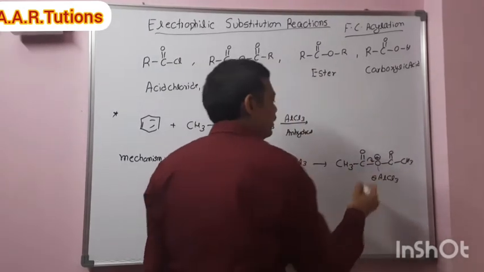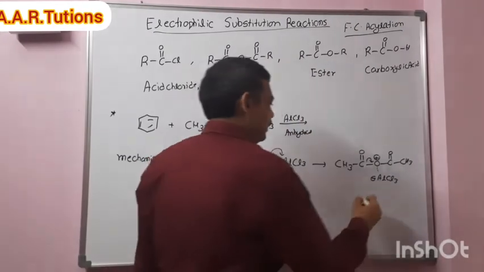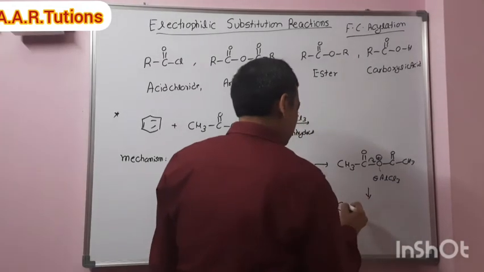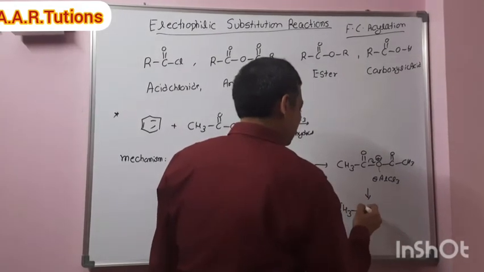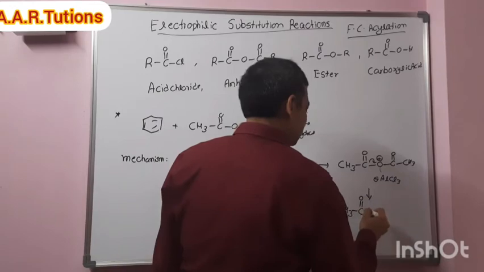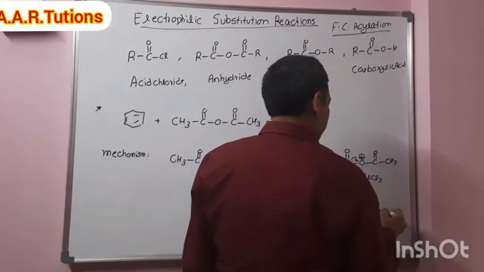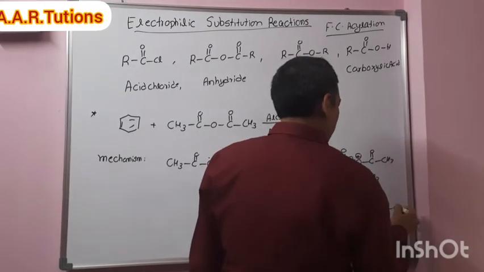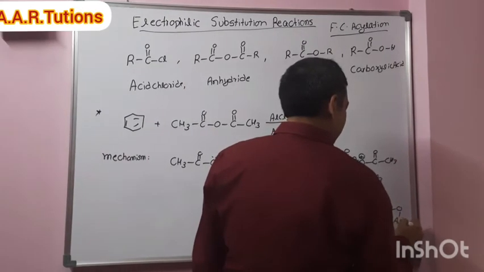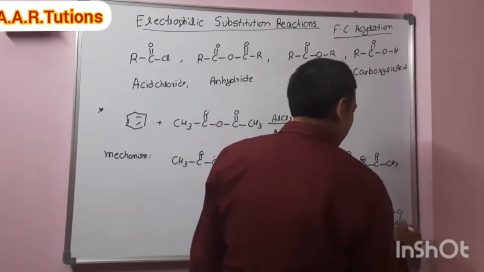Then shift of electrons towards oxygen, then the electrophile will form, CH3CO plus, the acylium ion, plus CH3CO, AlCl3 minus.